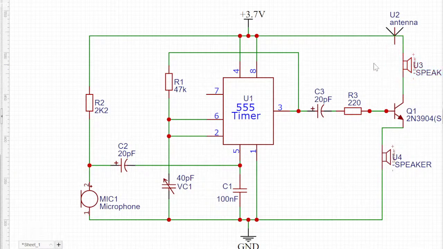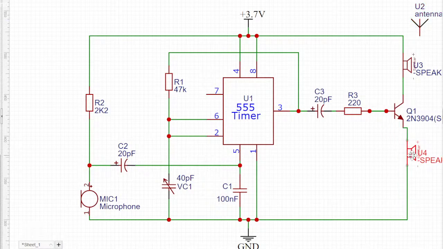But how would you connect your antenna to it if you want to connect an antenna? So, if you just want to connect your speaker, let's not confuse anyone. Let's take out one of the speakers because we're just showing possibilities. So you can connect to the emitter circuit or the collector circuit.